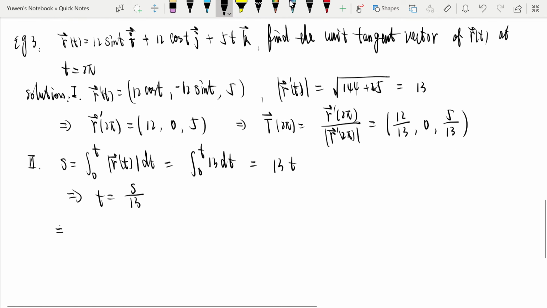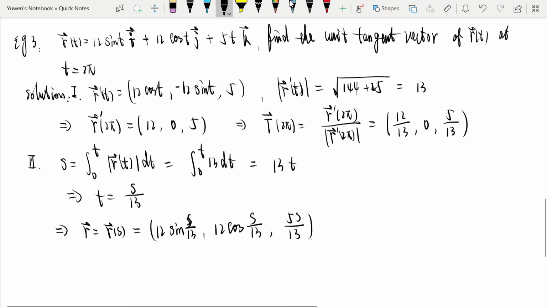So r can be written as r(s), that is 12 sine s over 13, and 12 cosine s over 13, and then 5s over 13.